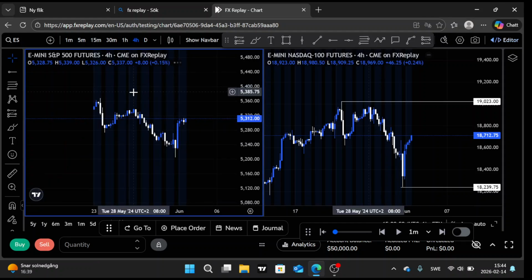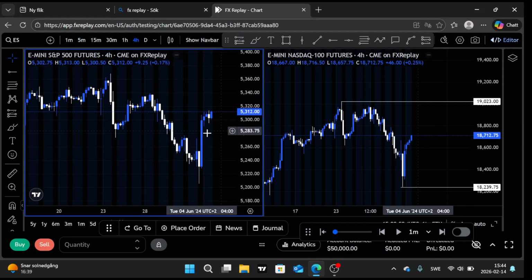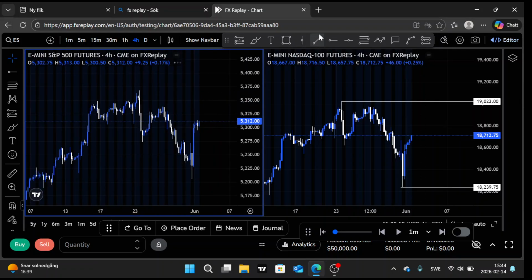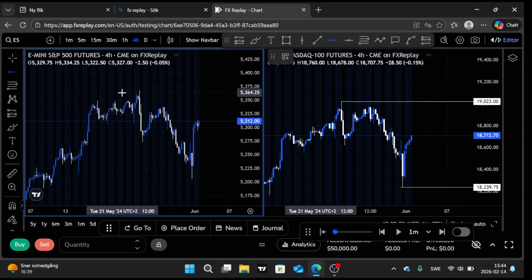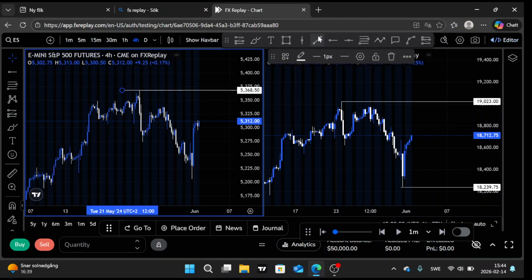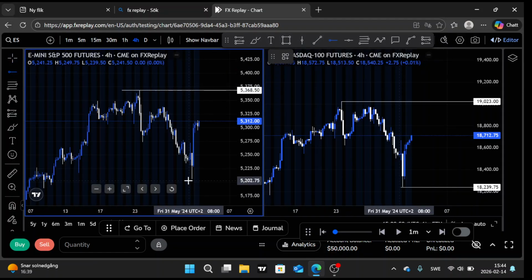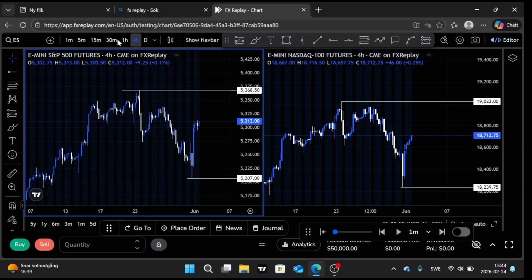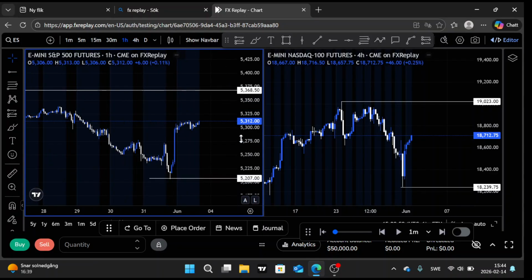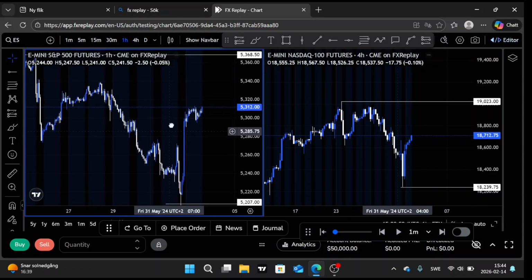And 4 hour here as well. We mark out our buy side and sell side. And here we go, 1 hour time frame. What do we have here?